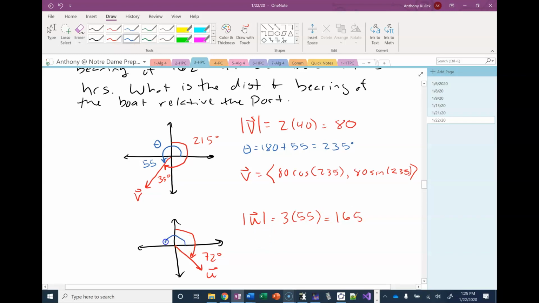But again, we're interested in this angle theta. So theta here is going to be 360 minus 72, or 288. So we can say that vector u is 165 cosine 288, comma 165 sine 288.